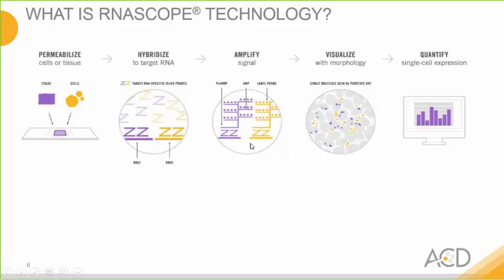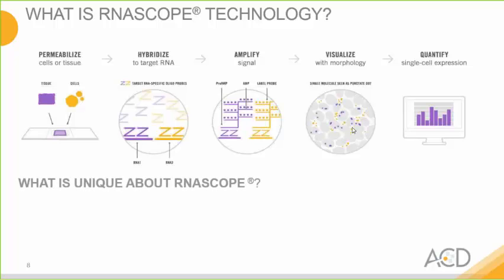The specific sequence recognized by the RNAscope probe will then get amplified through an amplification cascade. The signal can then be visualized under the microscope. Unlike traditional ISH, where a DIG or radio-labeled riboprobe is used to detect the target sequence, this technology uses short oligo probes.